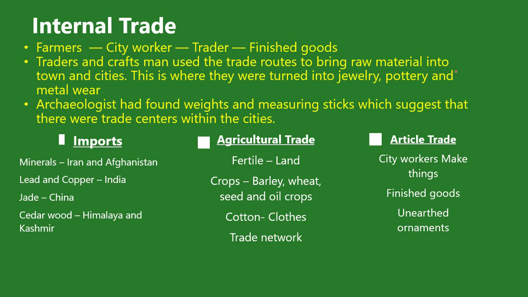The next is agricultural trade. With the rivers surrounding their area, the land was fertile and they used to cultivate many crops such as barley, wheat, melon seed, and oil crops like sesame, mustard, and dates.